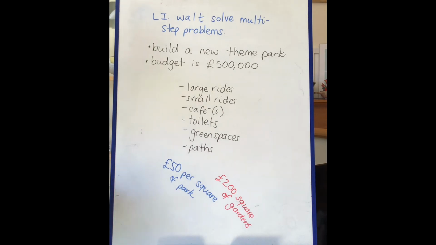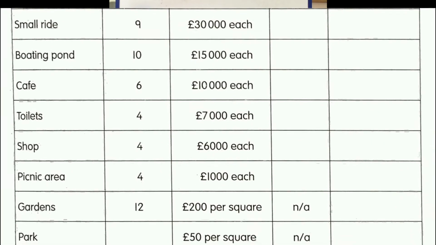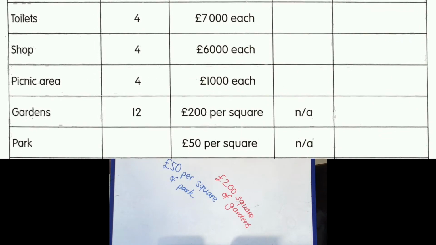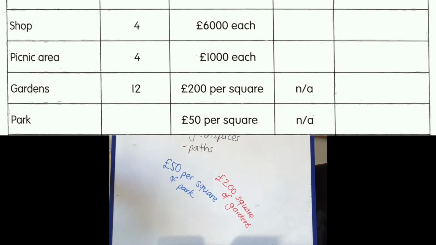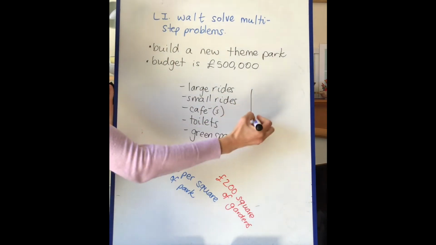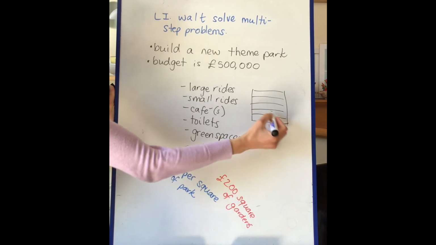All right, now you're going to be looking at a theme park planning sheet, which I will put up just now. You're going to design and create a plan for your park. Each square in your numeracy jotter is going to be 1 square meter.